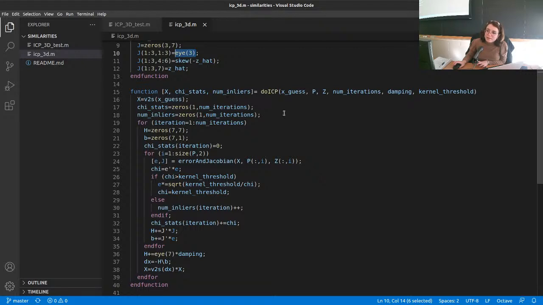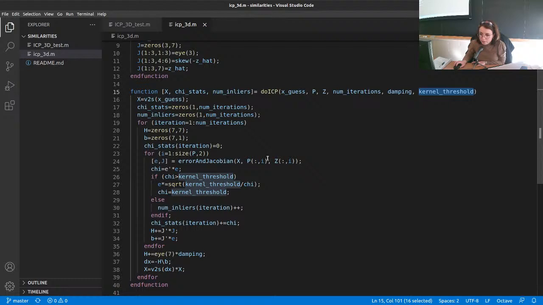In the doICP function, which takes as input an initial guess, a set of points in the world frame, a set of measurements, the number of iterations, the damping, which eventually is added to the H matrix, and the kernel threshold. Then what you have here is, as usual, a set of iterations.